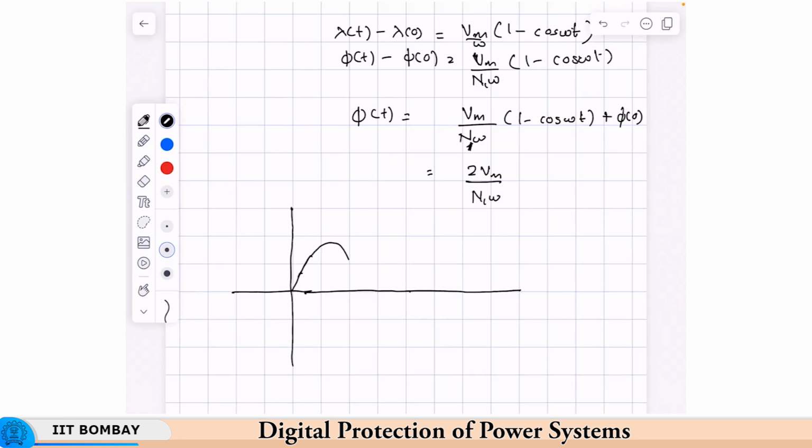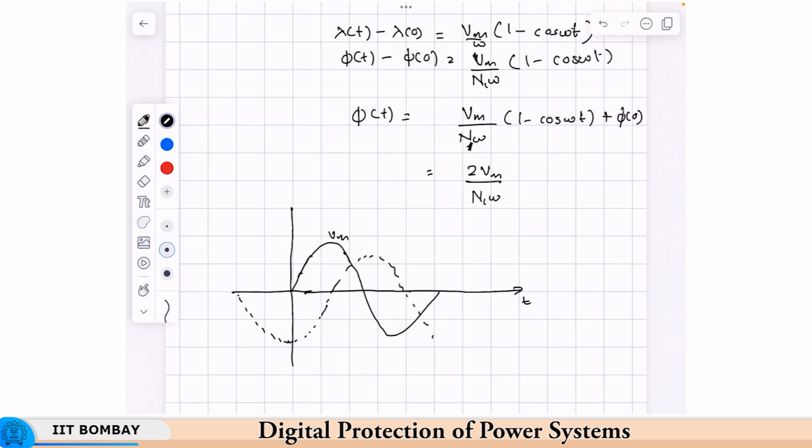This is the Vm sin omega t waveform. So, this is Vm, this is t. Now, normally what would have happened is, due to the highly inductive nature, the transformer X by R ratio is very high. So, the normal flux wave would have been like this, maximum here, 0 where the voltage is maximum and so on.